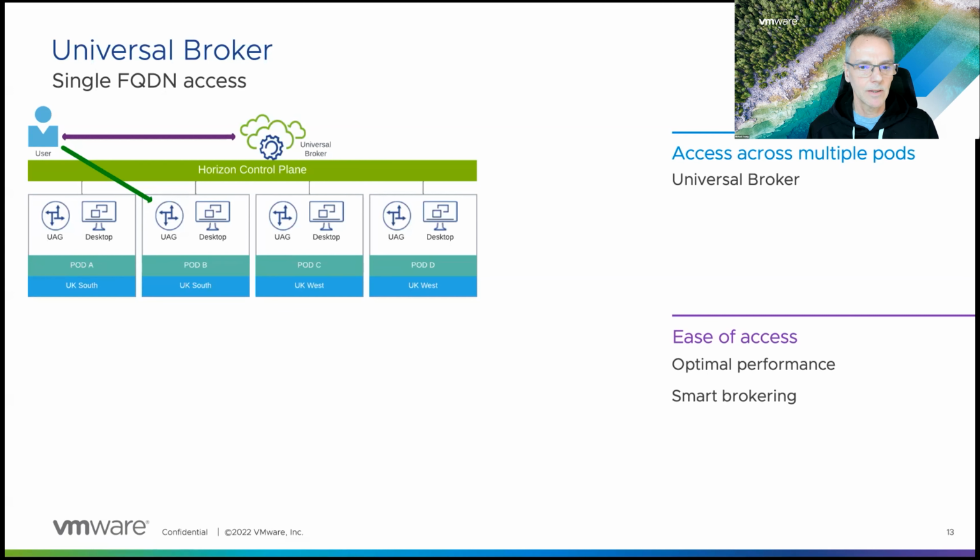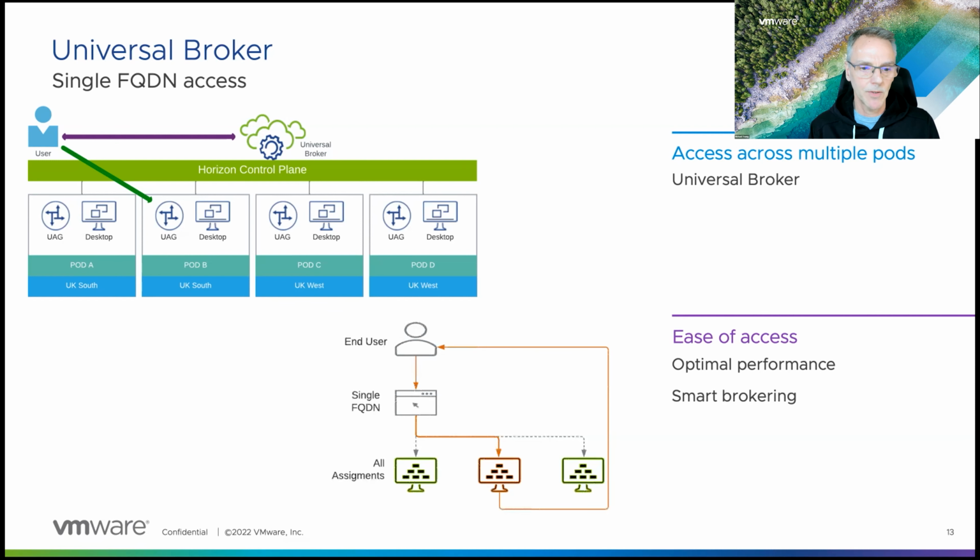What this does really is eliminate the need for cloud pod architecture within an environment. And also, in addition, when you bring in the universal broker, because you're removing cloud pod architecture, you're reducing the need for east-west traffic, because essentially what this is doing is providing the user with a single FQDN.